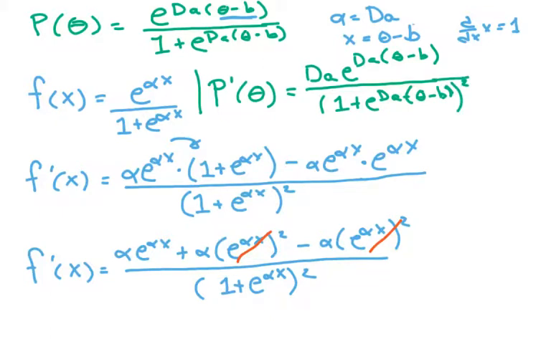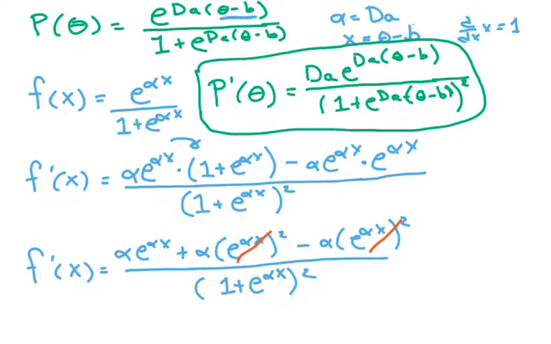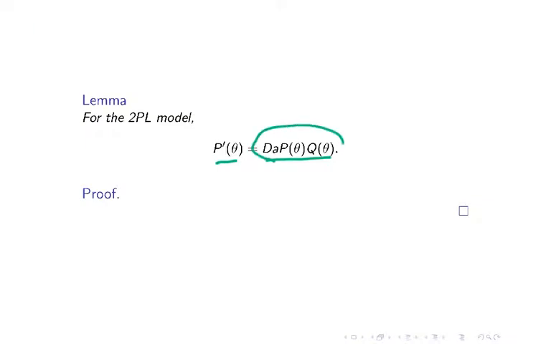So there's my derivative. That's a quick way to derive it if you need to on the spot. Now, let's try to show that that is equal to this.